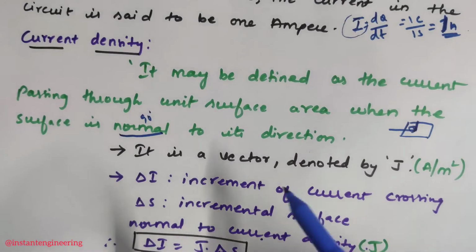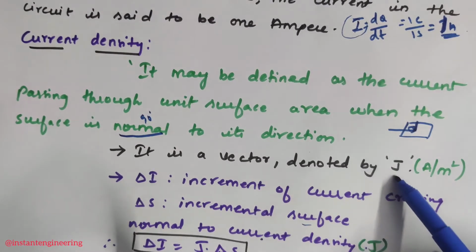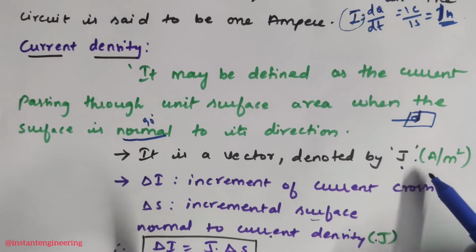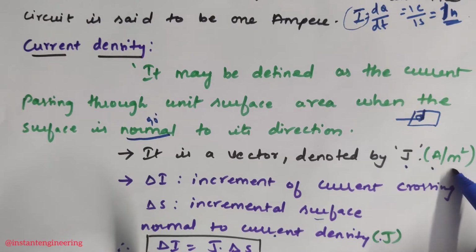It is a vector, denoted by the letter J. Remember this. Its unit is ampere per meter square.